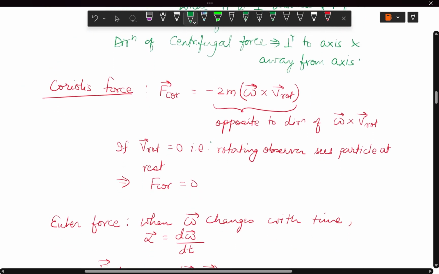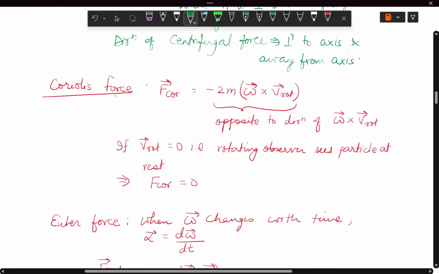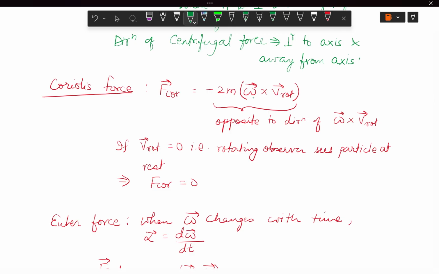Now let's consider the next force, the Coriolis force. F Coriolis is, remember always, minus 2m omega cross v_rot. v_rot means if any observer who is rotating sees that the particle has some velocity with respect to him, then there will be Coriolis force.